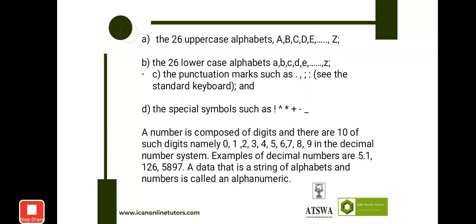So we also have 10 digits in the decimal number system. Examples of decimal numbers are 5.1, 126, 5897.